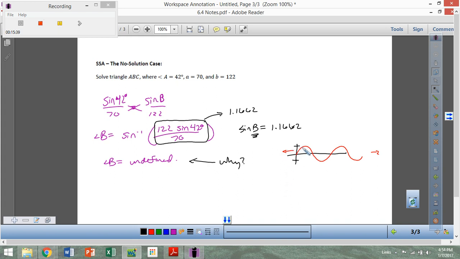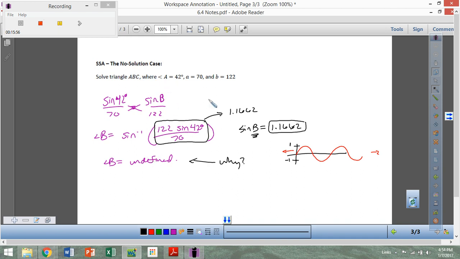Where does the very top of the wave get to, and where does the very bottom get to? And that should be 1 and -1, right? The values for sine, no matter what my angle is, when I take the sine of that angle, I'm always supposed to get something between -1 and 1. And this is not in between -1 and 1. That's why angle B is undefined, and because of that, there is no such triangle.